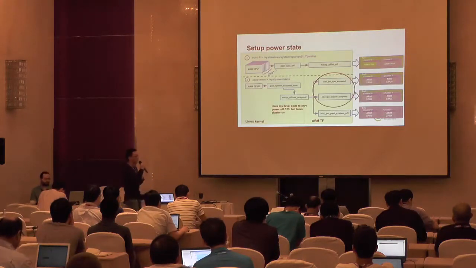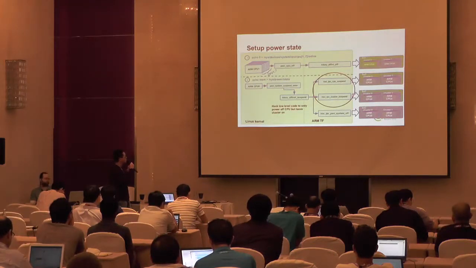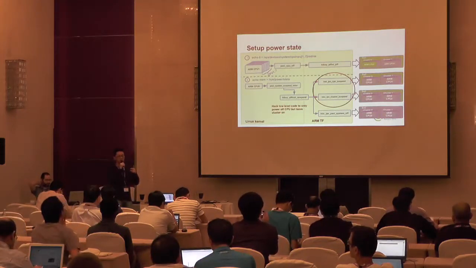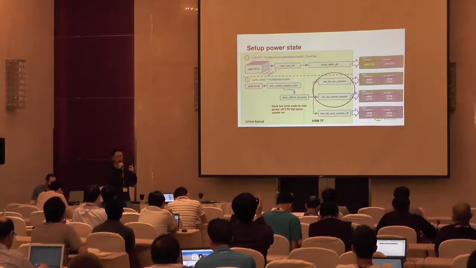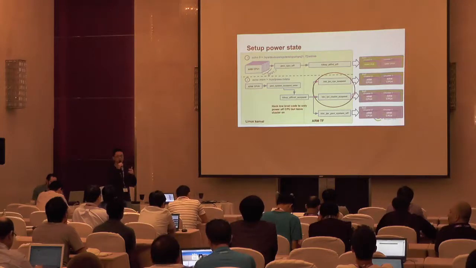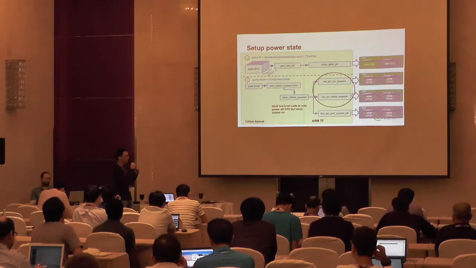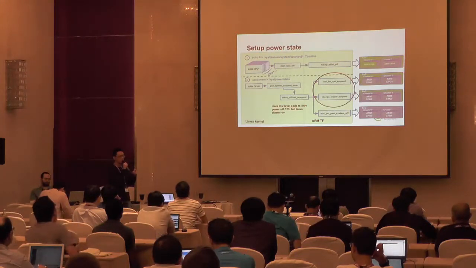To set up the power state, first we set the CPU frequency to a specific operating point, so we can set the specific voltage. Then we manually hot plug all the secondary CPUs from the system, so there is only one CPU, CPU 0, in the system. Then we can use a software flow like system suspend to let CPU 0 run into a low power state.